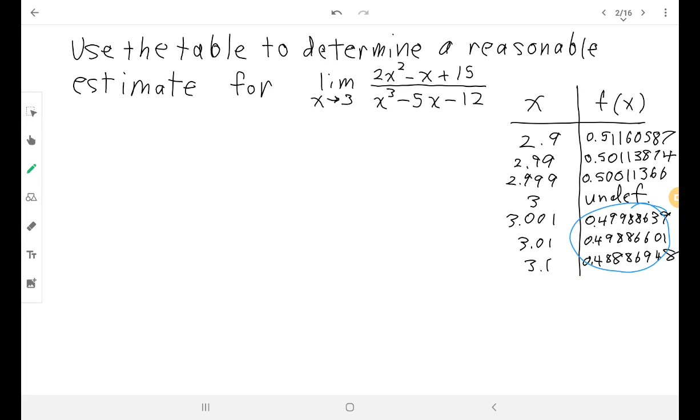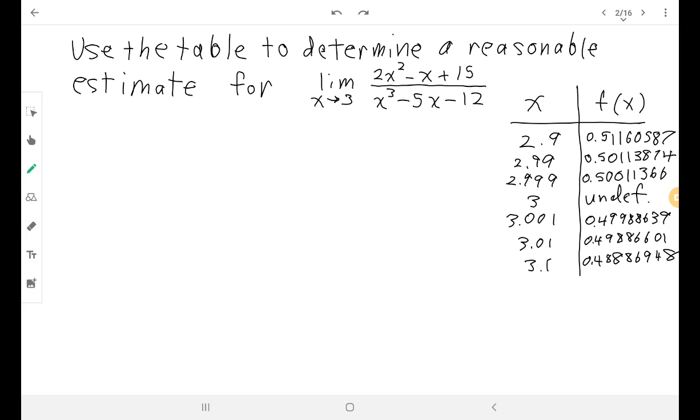Then as we get closer and closer to 3, if you look from the bottom up, we go 3.1 and then 3.01, so we're getting closer and closer to 3 that way. And over in the y values, we're going from 4.888, 4.988, 0.49988. We just keep getting closer again to 0.5, right?